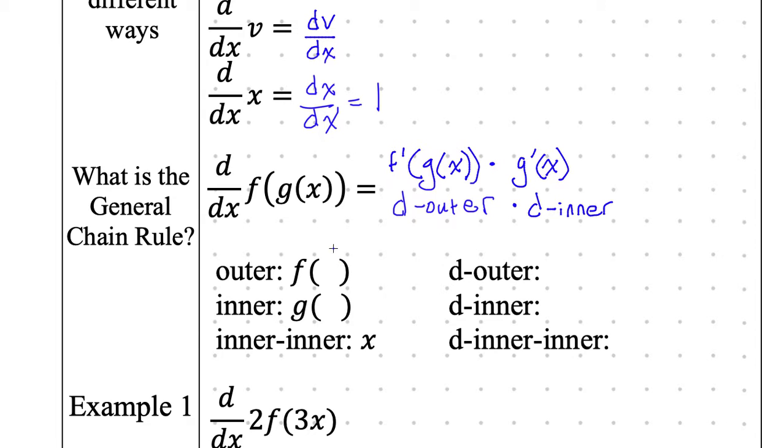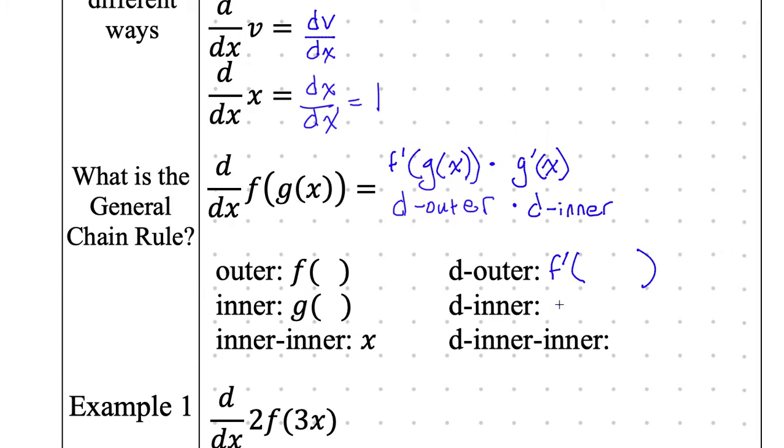All right, so outer is just going to be f of whatever. Inner is going to be g of whatever. And then your inner is going to be x in this case. Let's take the derivative of the outer. If the outer is f of something, what is doubter? F prime of something. If inner was g of something, what is dinner?